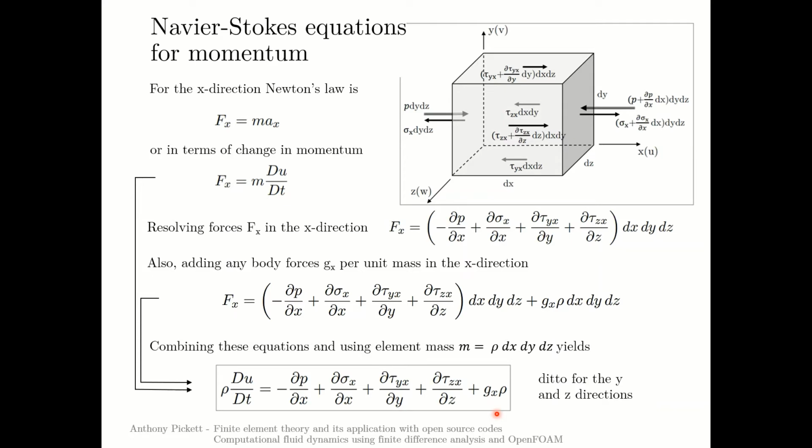If you work through that and cancel out terms, you will end up with the density times the change in velocity over time equal to this set of terms: change in pressure with respect to x, change in stress x with respect to x, and so on. And of course you'll have exactly the same equation as this with different terms in the y and the z directions.